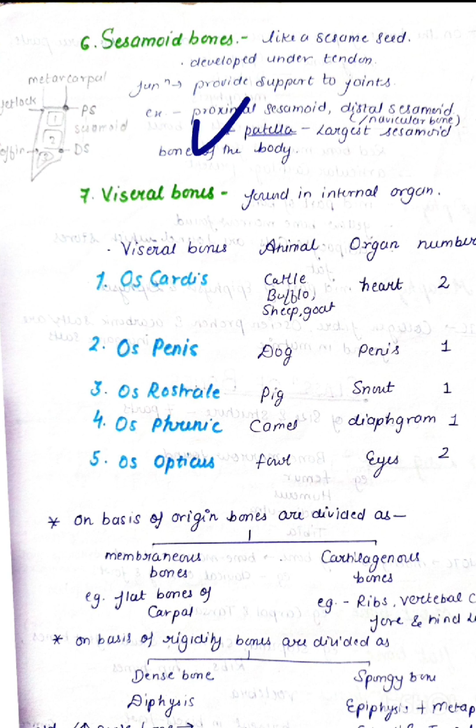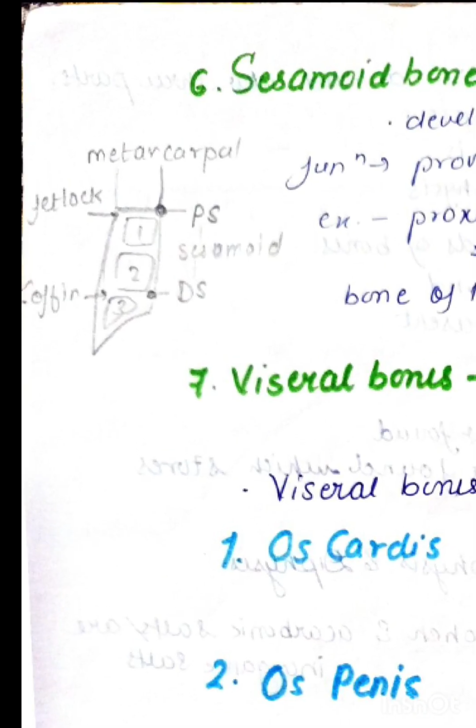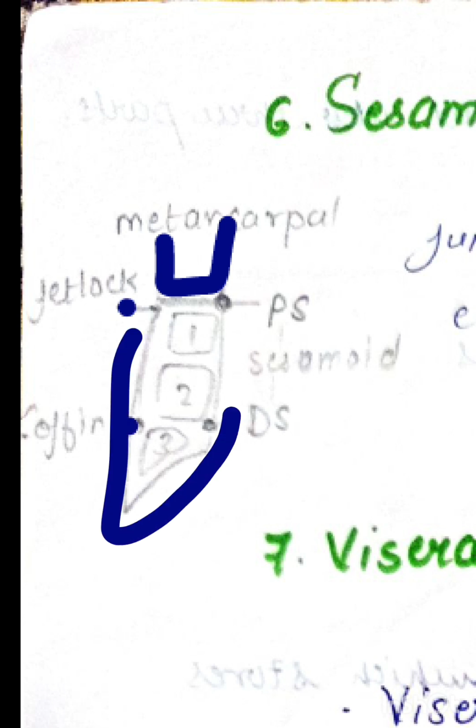It is also a PYQ, so learn it very clearly. These are at the metacarpal joint. This is the coffin sesamoid bones.